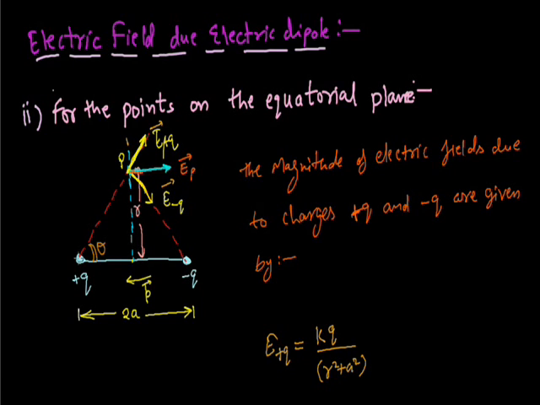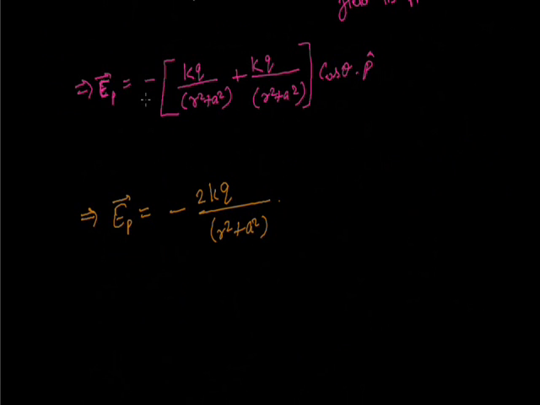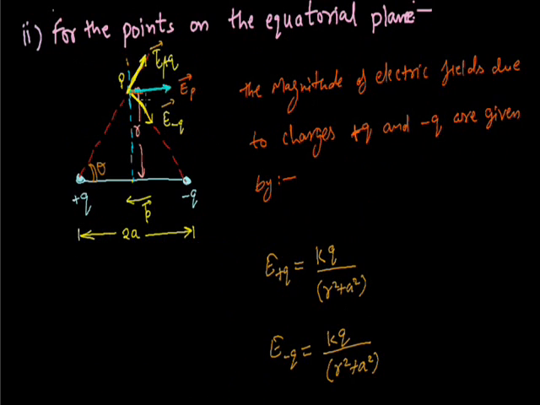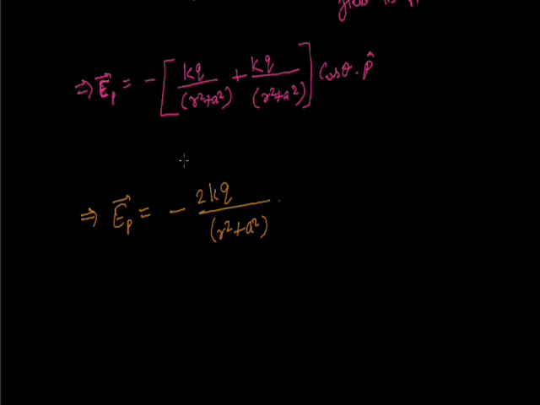If there is a line joining P and any charge, let's say the positive q charge, then the position vector of point P with respect to the positive q charge and the dipole axis make an angle theta with each other. So with this diagram, cos theta will be a upon the hypotenuse, which is r square plus a square whole power 1 by 2.